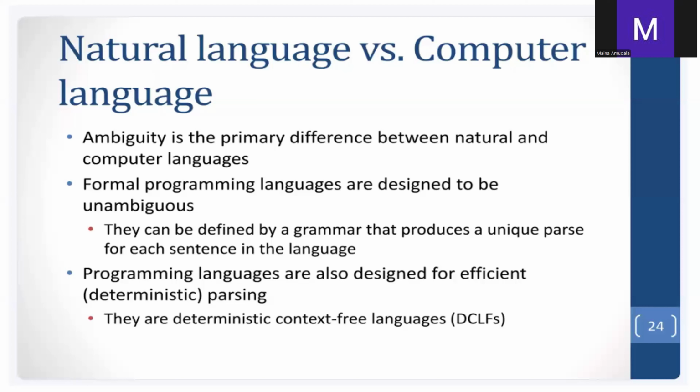Next, bridging the gap between natural language and computer language. Let's see formal languages: XML, extensible markup language, and JSON, JavaScript object notation, are a few examples of formal languages. There is also controlled natural language, like simplified English.